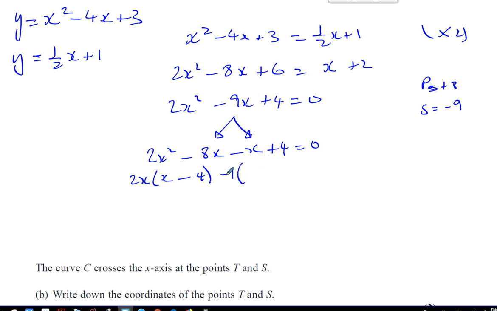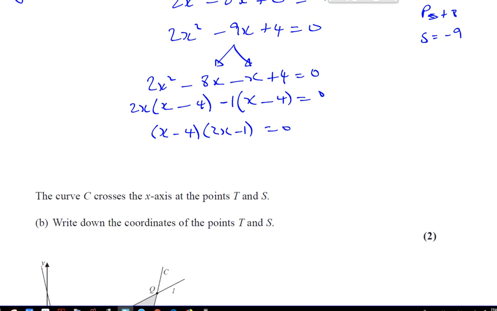Then minus 1 times x gives me minus x, and minus 1 times minus 4 gives me plus 4. So it must be minus 4 here. So we have x minus 4 times 2x minus 1 equals 0. So now, almost there, we can say either x equals 4 or x equals a half.